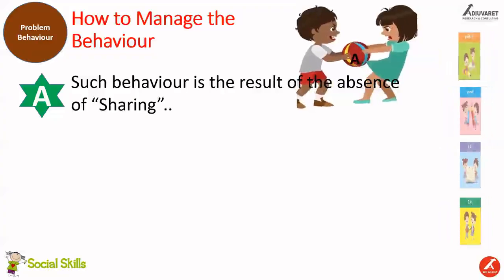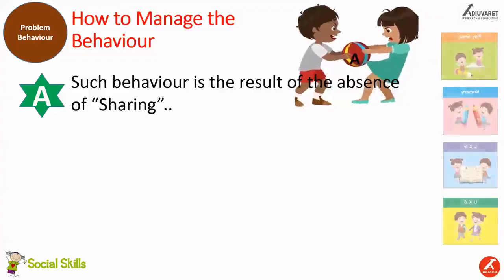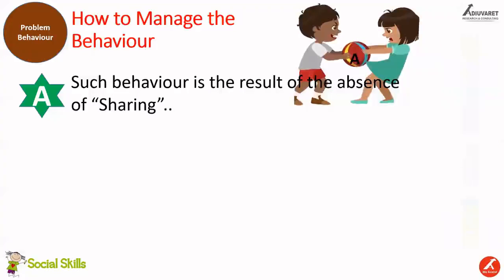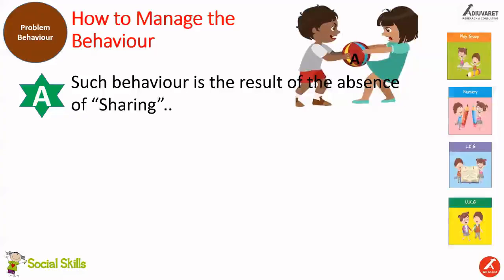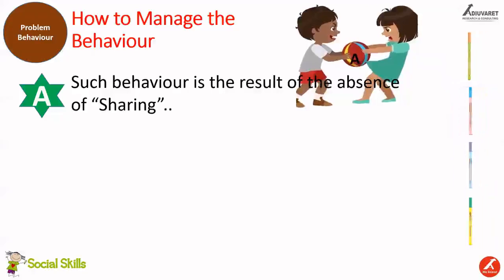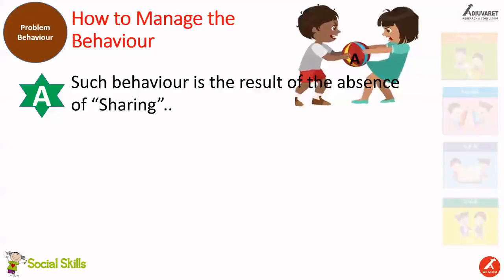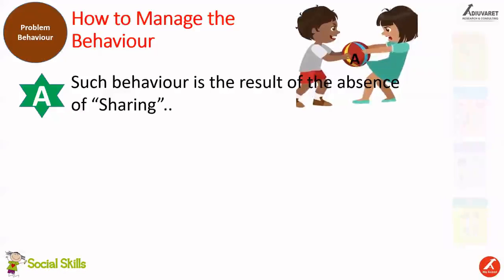Once the child sees sharing or giving our possessions to other children, that demonstration will help the child know that this kind of behavior is quite common. Then the child will adapt to that, and gradually the nature of taking away things will fade away.